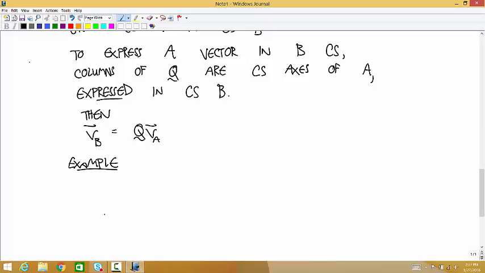Okay, so let's say that this is the vector. It has a length of 10, and it's 30 degrees above the horizontal. And let's say that coordinate system A is the standard coordinate system.